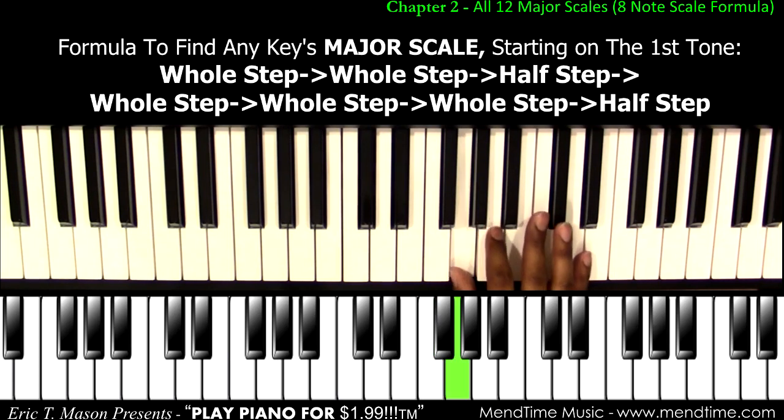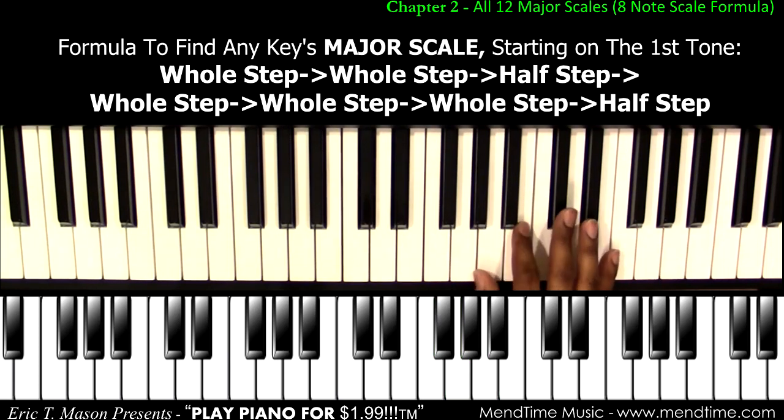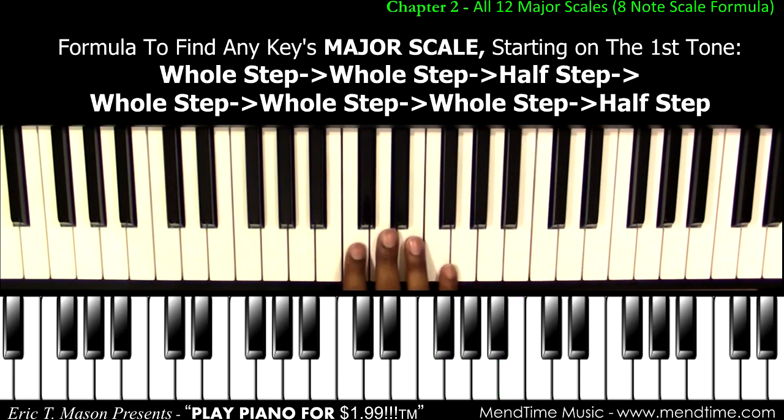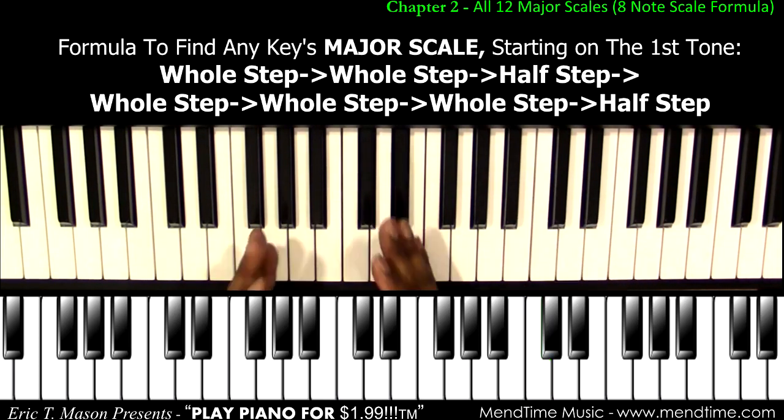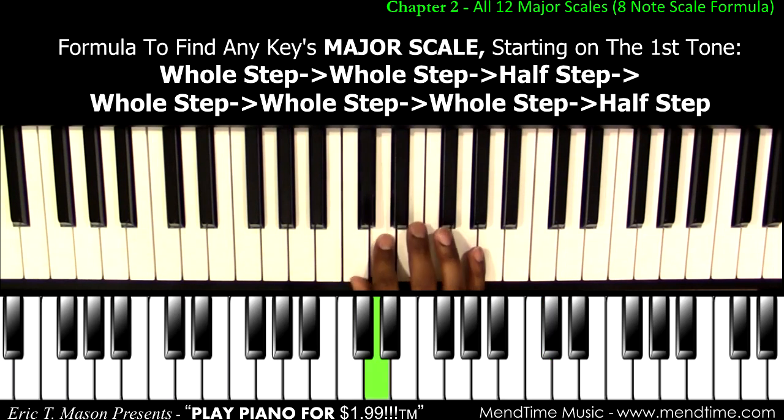From G to A is a whole step. From A to B is a whole step. So we have 2 whole steps, 1 half, 3 whole steps, and then from B to C is the final half step.